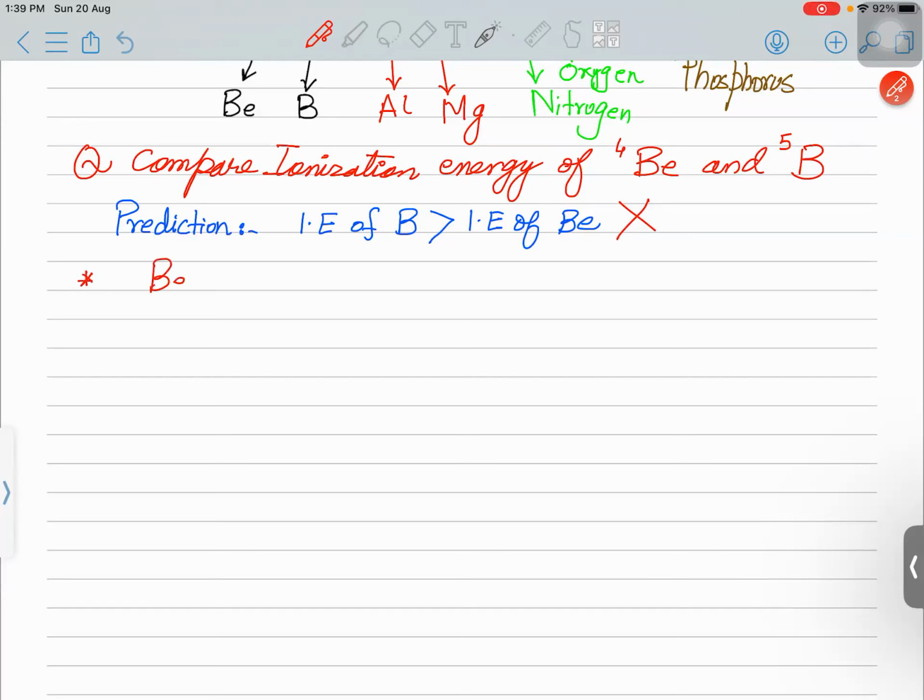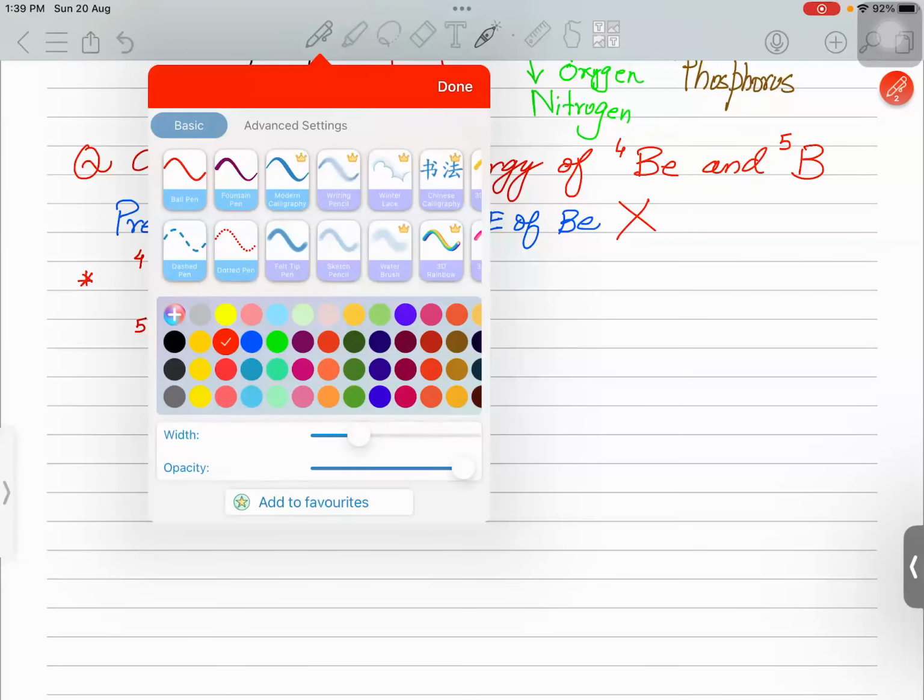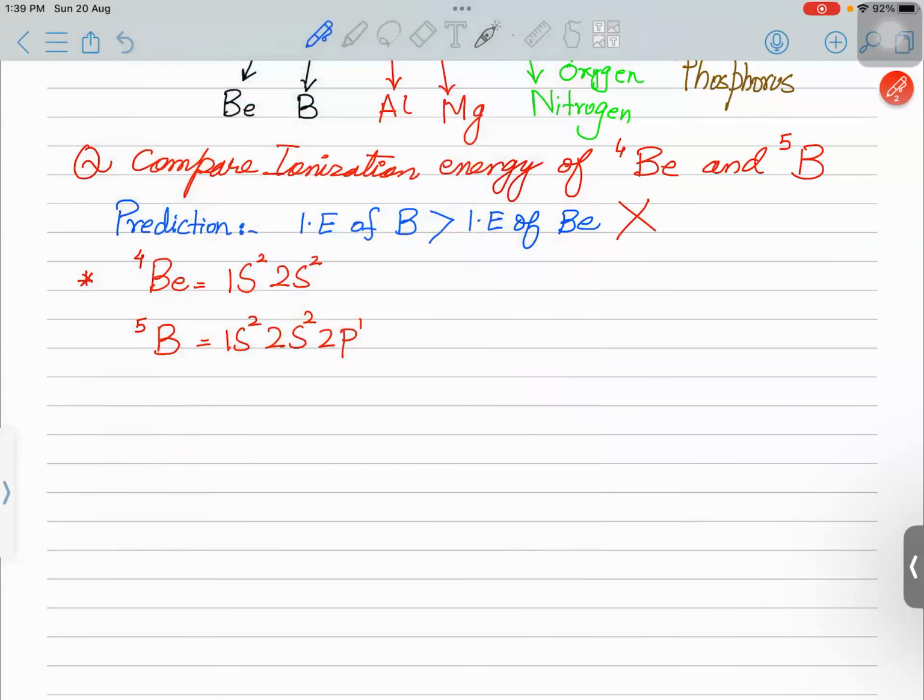Beryllium is 4, 1s2, 2s2. Similarly, boron is 5, 1s2, 2s2, 2p1. Now, can anyone tell me the inner electrons of beryllium?